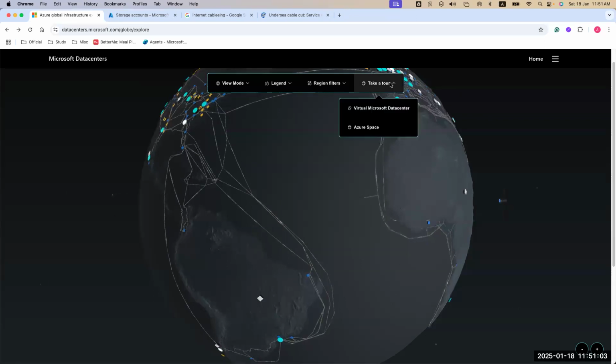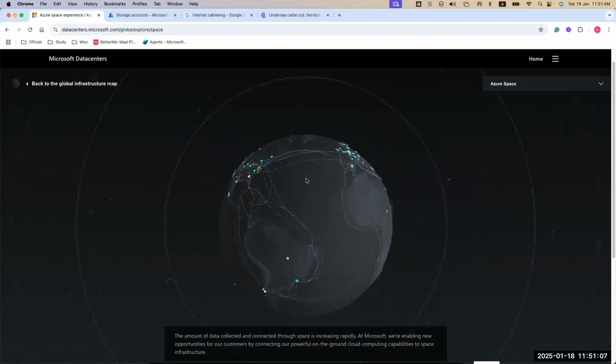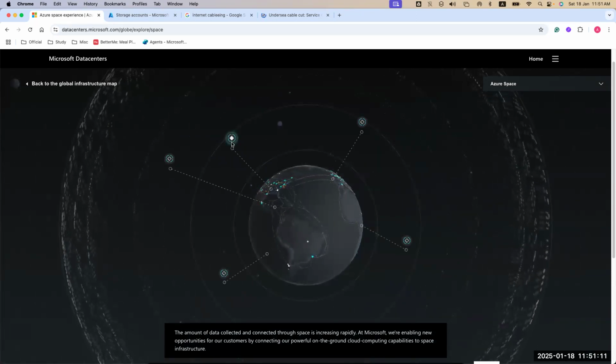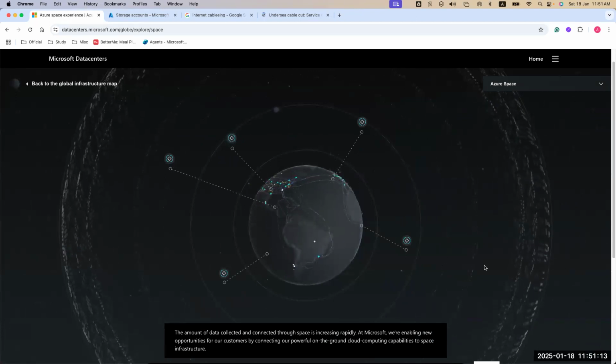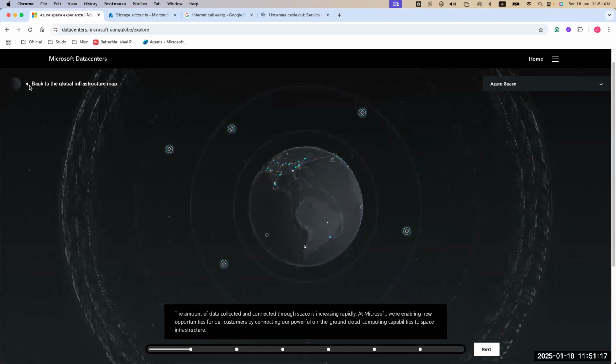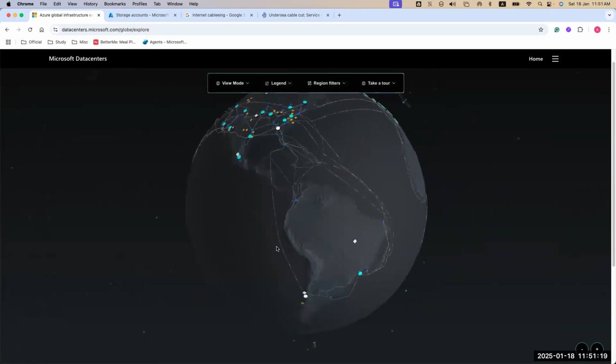Earlier, they had an option to show you where their cables are and where they are using internet cables. I think they removed it, maybe moved it somewhere else. But understood, guys? Look at this. These are the cables I'm talking about.